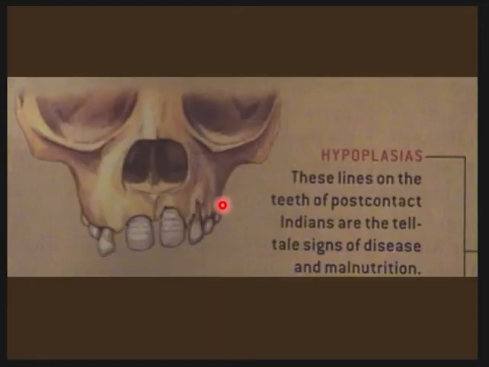And there's something similar to Harris lines, those lines that we talked about that you could see in x-rays. Something similar to those occurs also on the teeth. You actually will have lines of growth interruption on the teeth. That's something that they noticed on skeletons from the mission period, again showing malnutrition.